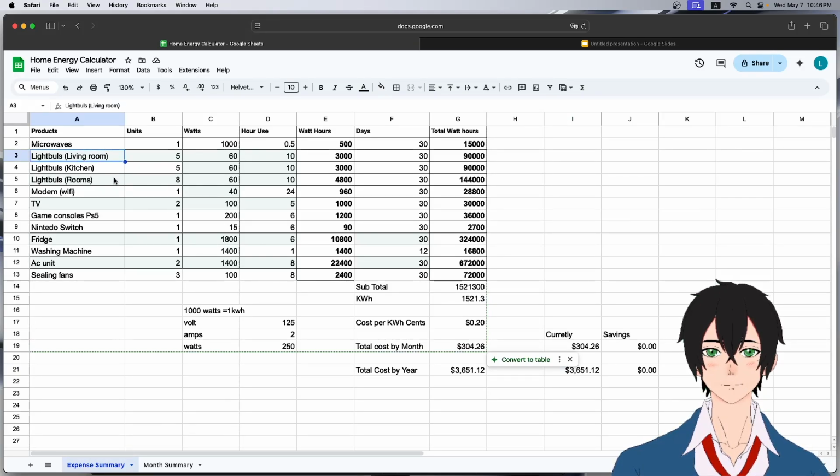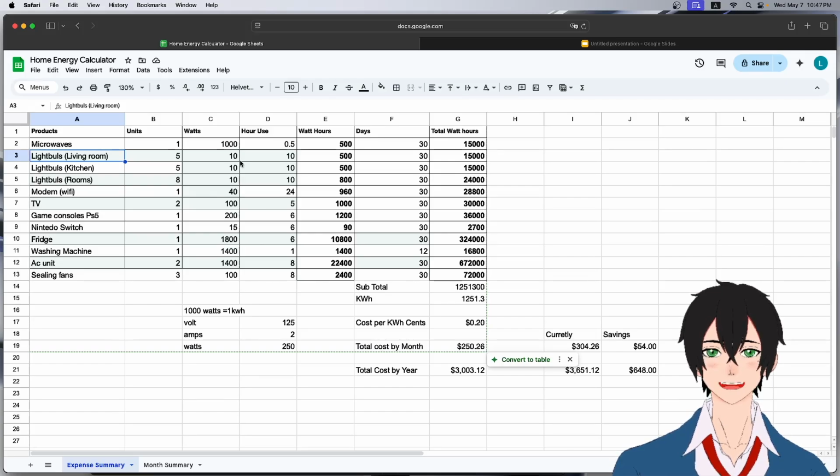Lighting is a big factor when it comes to a lot of these expenses. So let's say if you're still using incandescent light bulbs, I think it would be a good time to switch these to LEDs. LEDs tend to consume only 10 watts. So you have them split around the living room, the kitchen, and the room, like your brother's room, your son's room, your grandma's room.